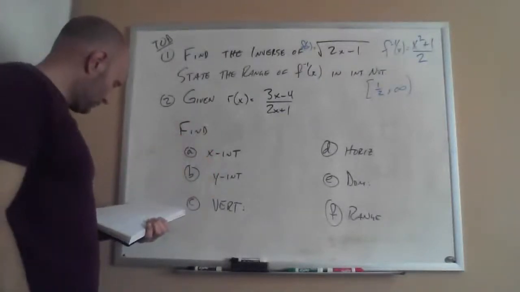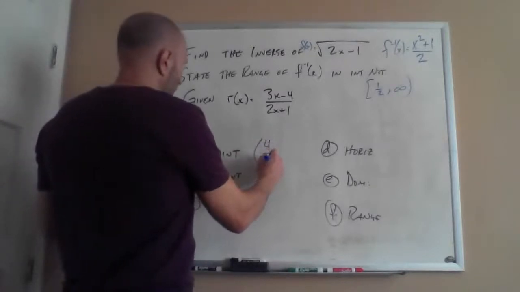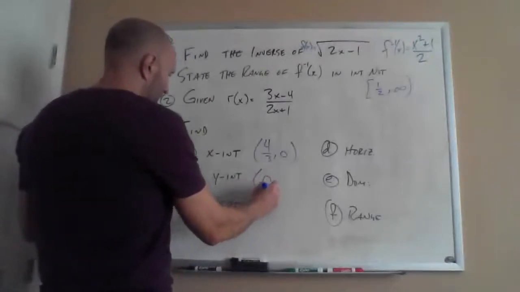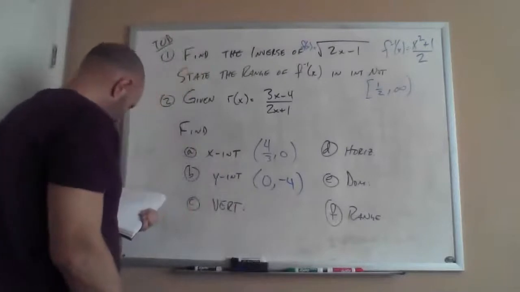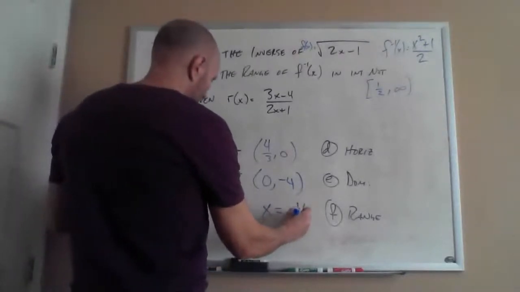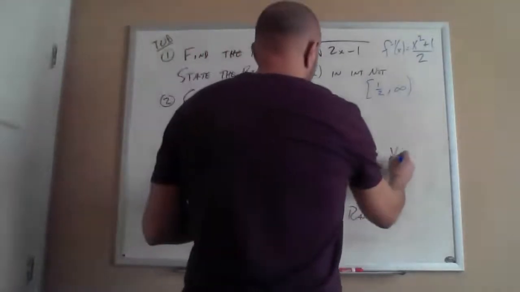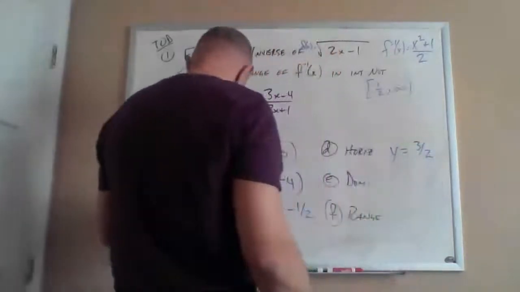And then number 2, x-intercept is 4/3, 0. Y-intercept is 0, -4. Vertical asymptote, x equals -1/2. Horizontal, y is equal to 3/2.